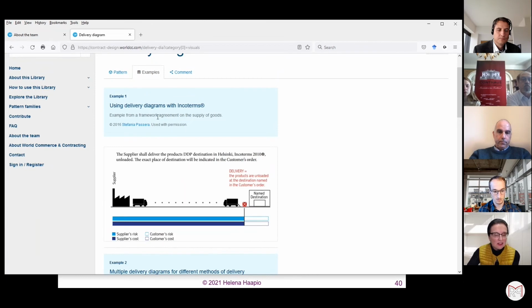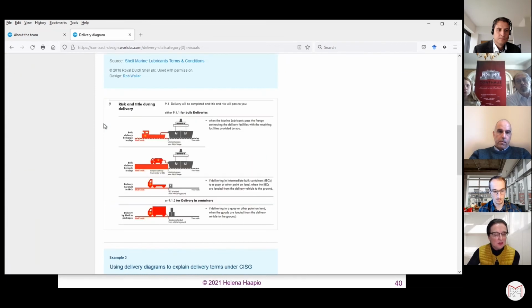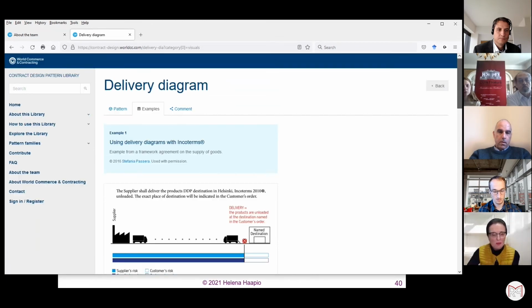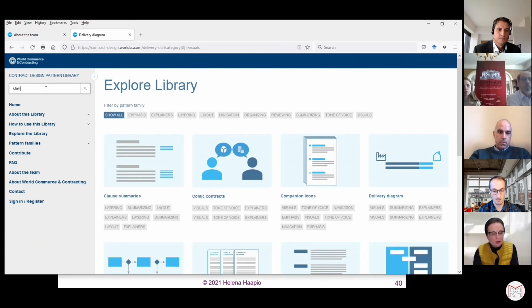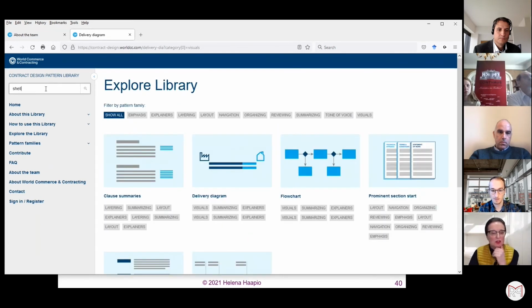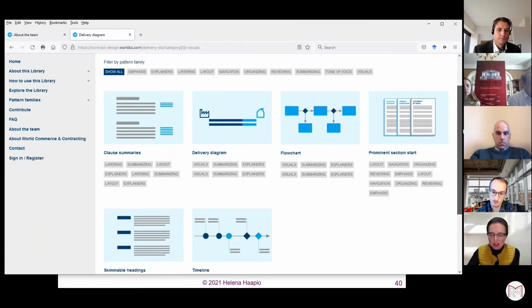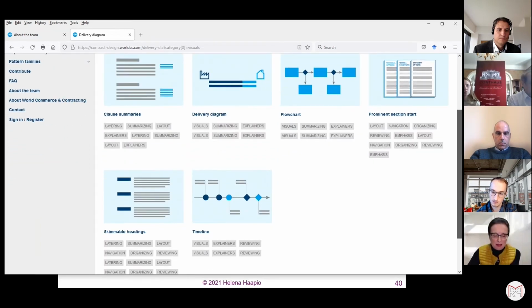There are other examples that you might find of interest if you're interested in, for example, what Shell has used, what patterns they use. So you can go and type in Shell in the search field and see that they use clause summaries, delivery diagrams, flowcharts, and various other patterns.